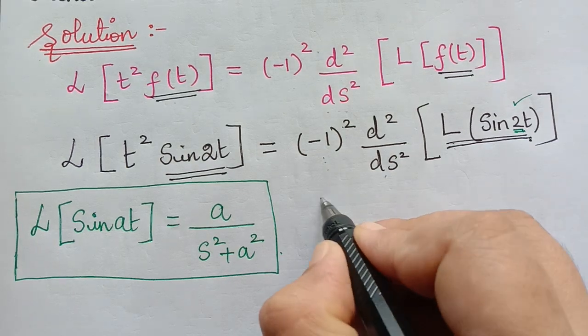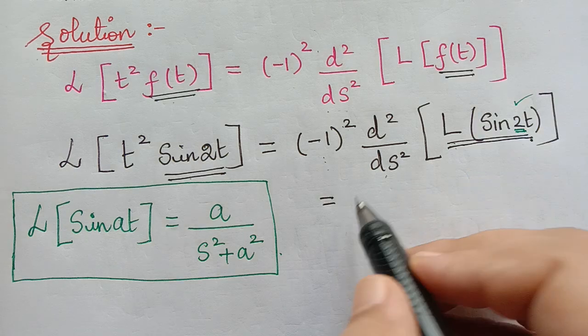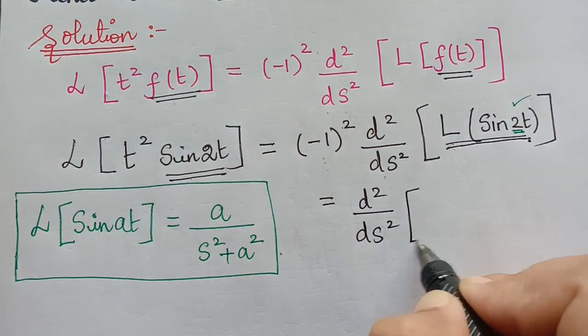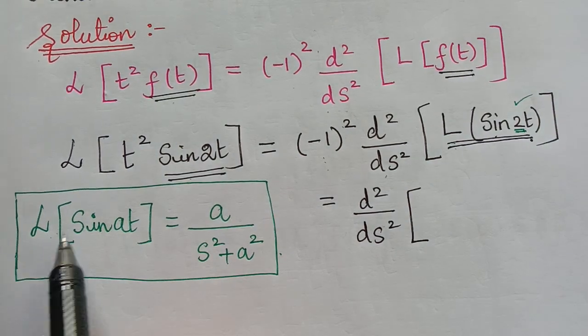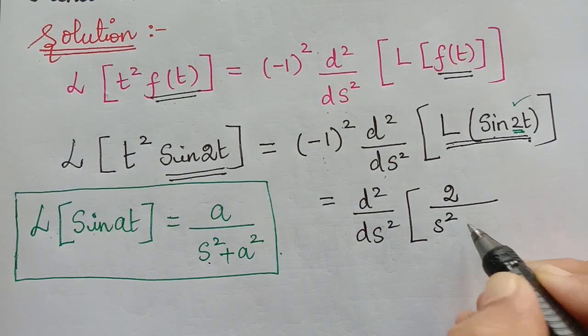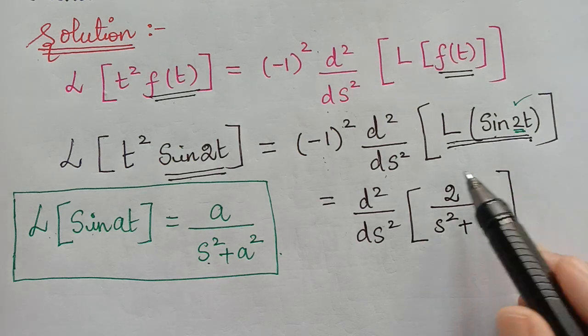So after this, the next step will be: (-1) square is positive, so we can write 1 itself, and d square by ds square of L of sine 2t. What is L of sine 2t? It is 2 divided by s square plus 2 square, which is 4. Now we have to differentiate this twice.